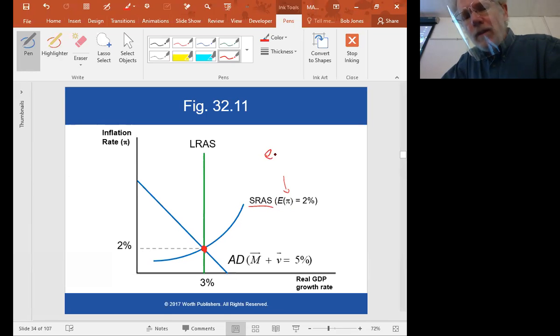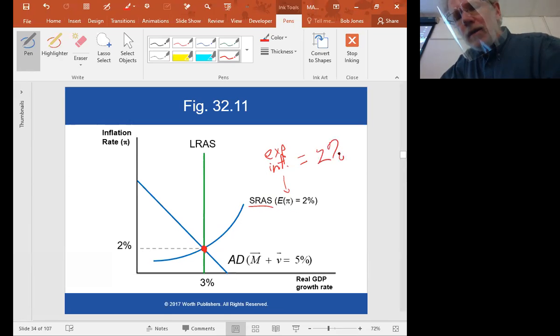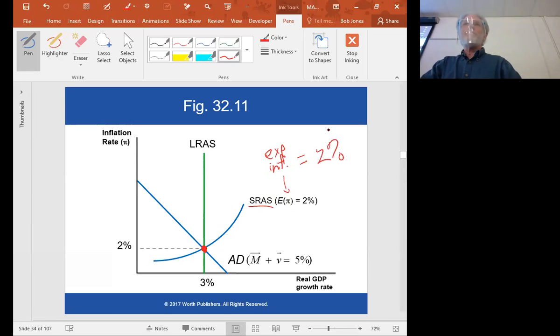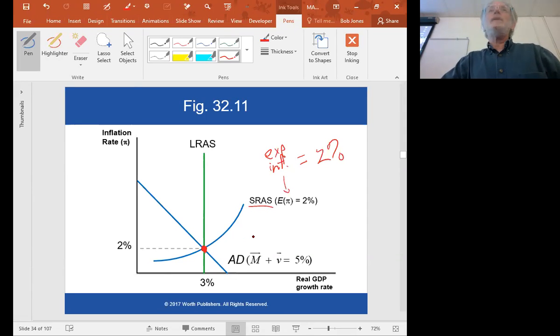So what that means is this is the short run aggregate supply curve if people are expecting 2% inflation. Okay. And that would be pretty much like today, because we generally have inflation about 2% or a little bit less. So that's probably roughly what people think will happen in the future.